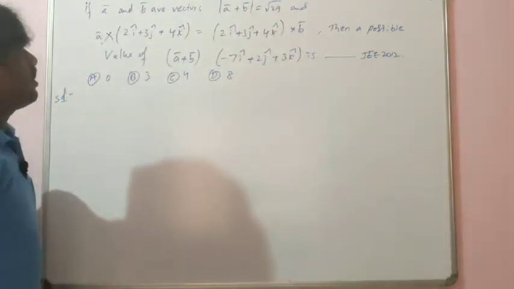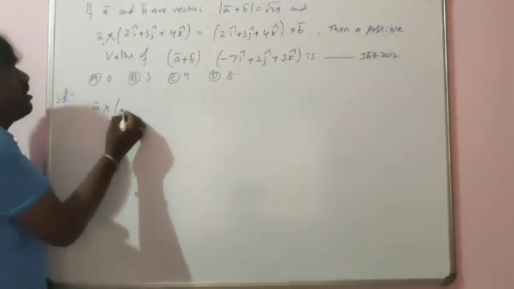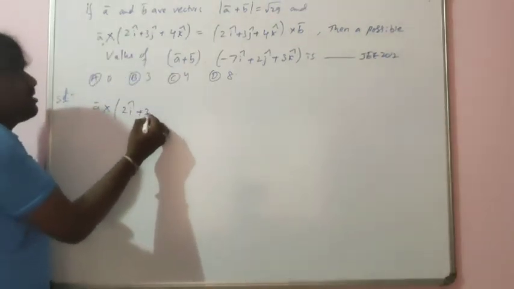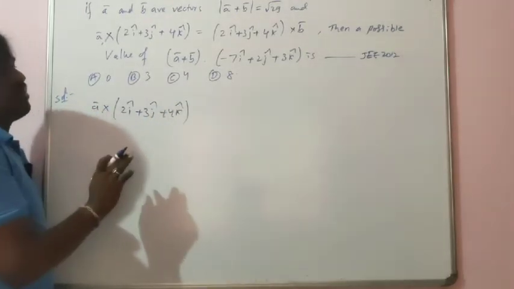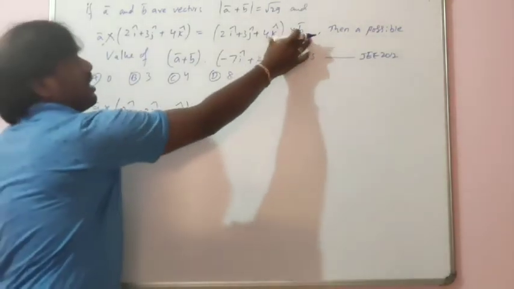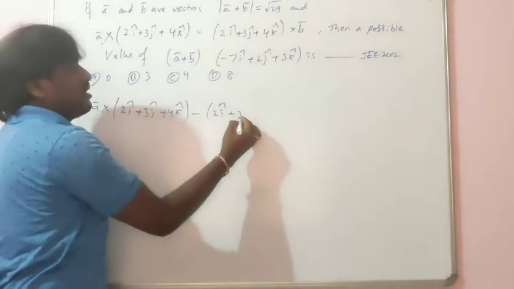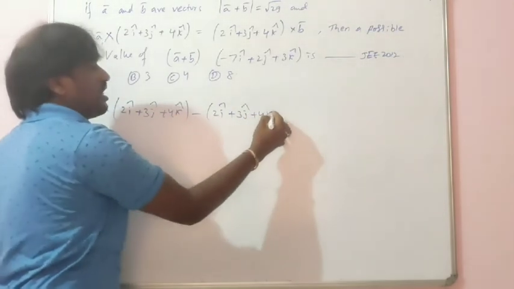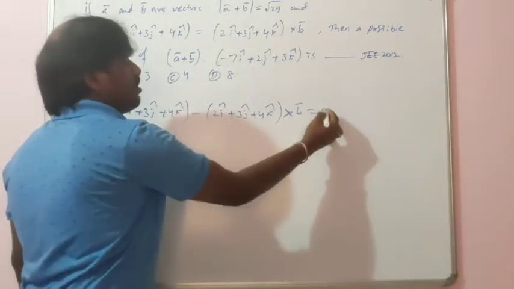So what we do here is take the given condition, A vector cross (2i cap plus 3j cap plus 4k cap). To get this, I have to get A cross B, that is the idea. So I will send this to the other side. What I get here is minus (2i cap plus 3j cap plus 4k cap) cross B vector is equal to 0.